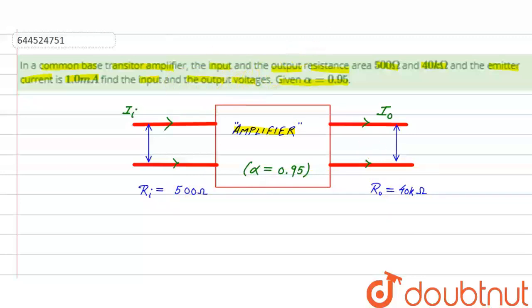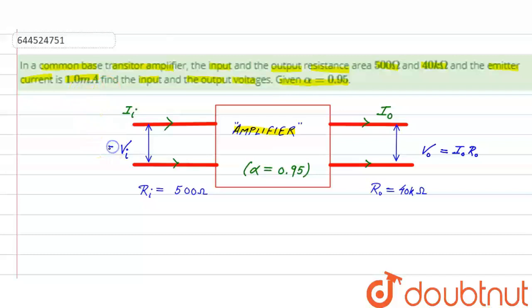So obviously, to calculate the voltage which is present here, that is input voltage, or the voltage which is present here, that is output voltage, using Ohm's law we just need the output current and output resistance.